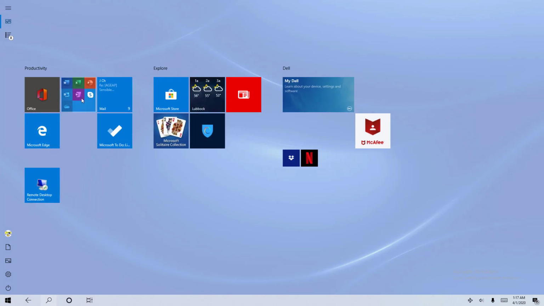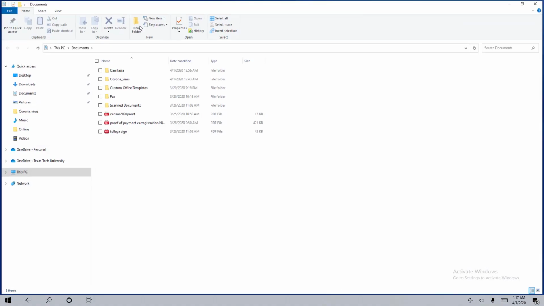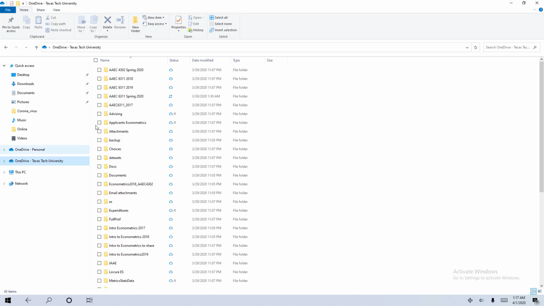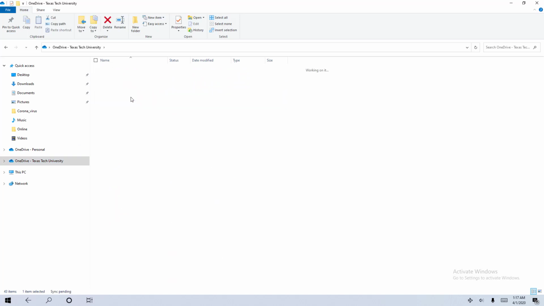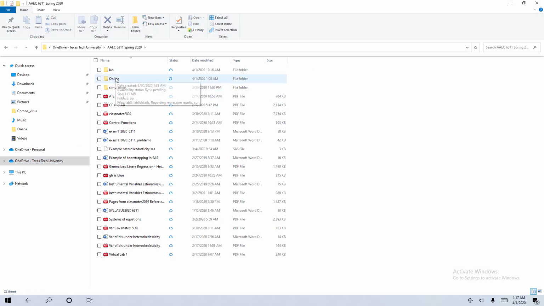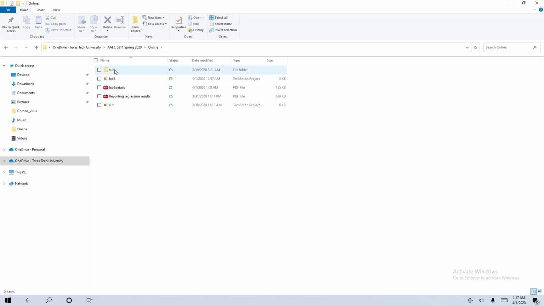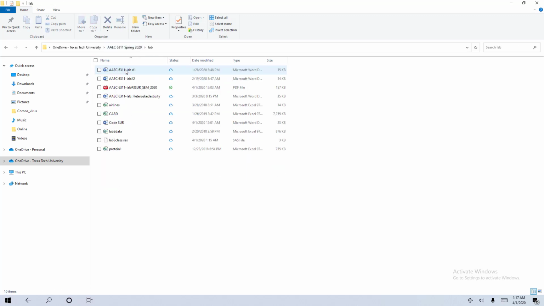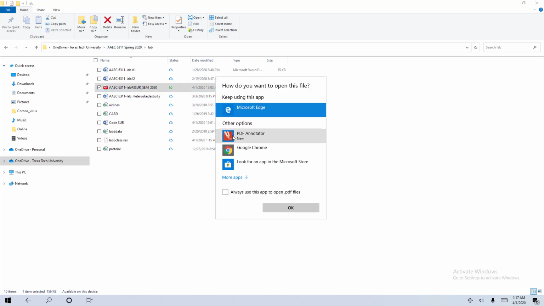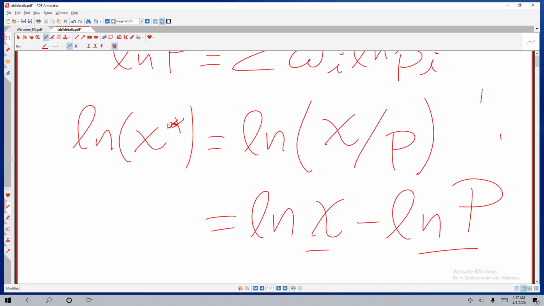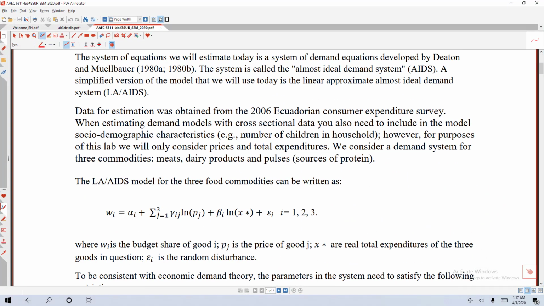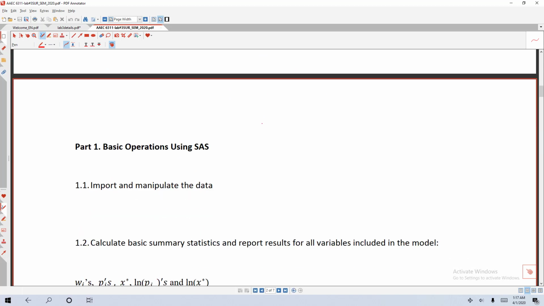I'm going to be opening this file here in this computer. I think that's probably better, so I can make some notes. Let me see the lab. I use PDF annotator. I have added PDF annotator to my computer at home.